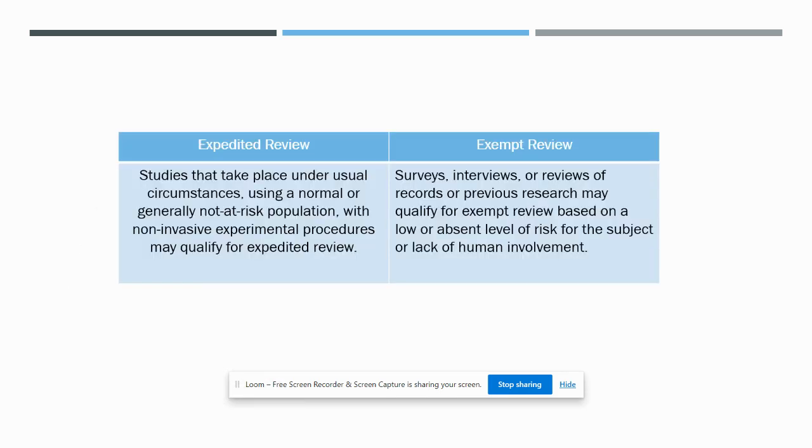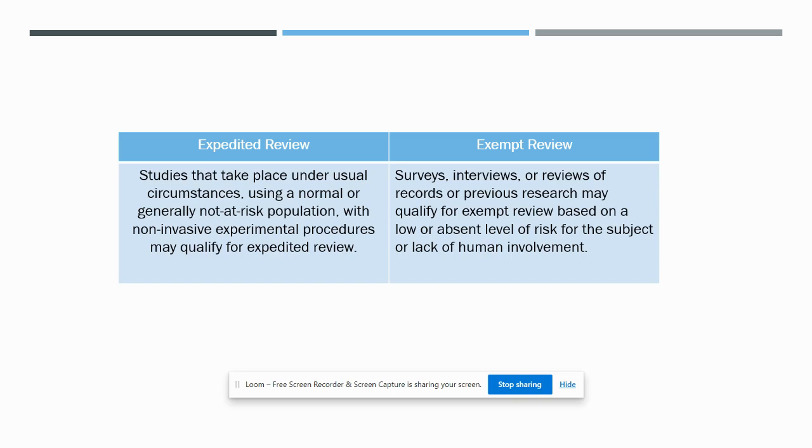So there are two types of review that, generally speaking, we provide to studies after they go through IRB review. The first one is expedited review, and those are studies that take place under usual circumstances, using a normal or generally not at-risk population, with very non-invasive experimental procedures.